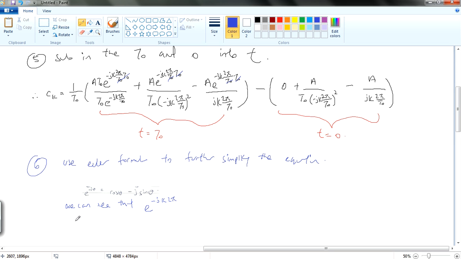Therefore, to simplify this, e minus j theta is equal to e minus j 2 pi. Since we sub in theta equals 2 pi, this is j. Okay, this is j.